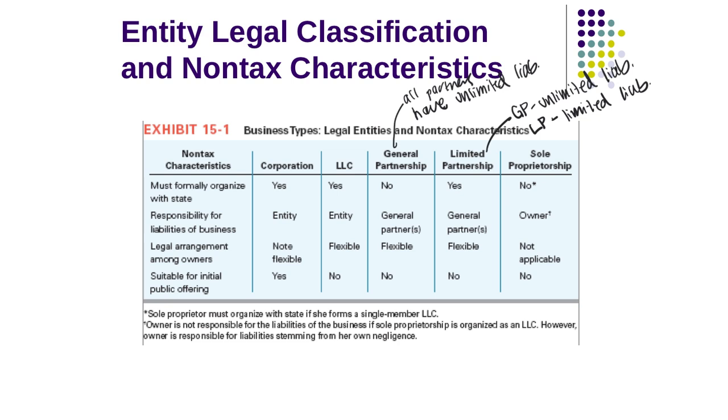So each of those have their own special document for formally organizing. So a corporation, those are called the articles of incorporation. For a limited liability company, those are usually a certificate or articles of organization. And then for a limited partnership, that would be a certificate of limited partnership.